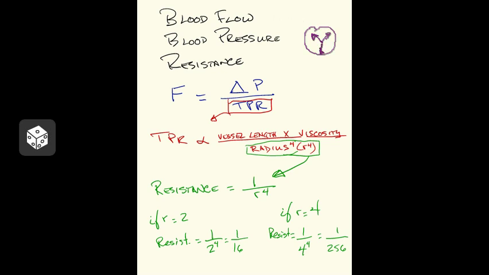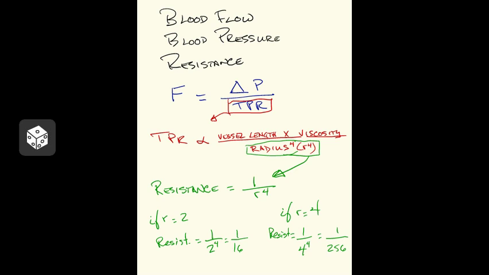Blood pressure, again, is the pressure that all of the molecules in the blood exert against the inside of the blood vessel wall. And then resistance. I'm not sure there's an easy way to define it without using the word resistance. Resistance is resistance to flow. In other words, anything that opposes blood flow is resistance found within the blood vessels.